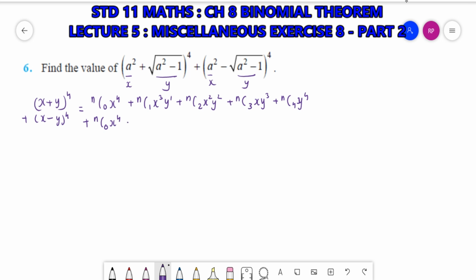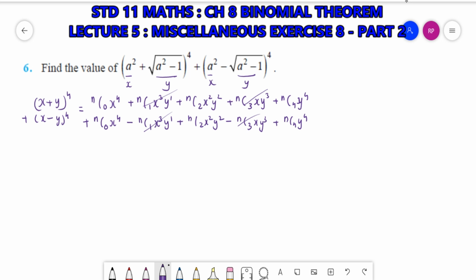The terms will be the same: nC0 x^4 - nC1 x^3 y + nC2 x^2 y^2 - nC3 x y^3 + nC4 y^4. These terms will get cancelled.